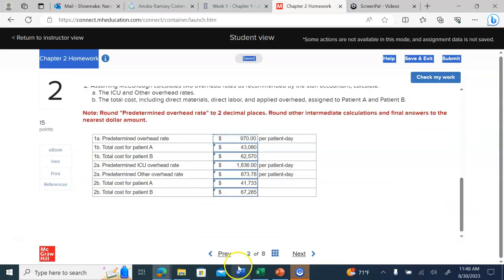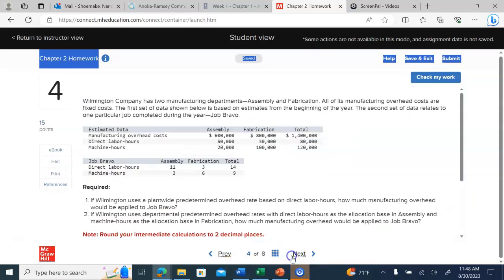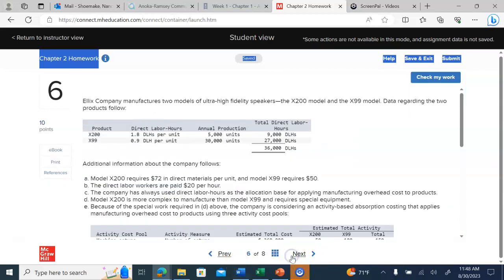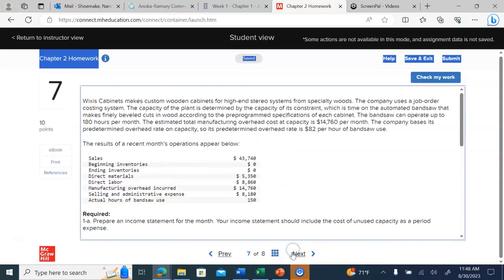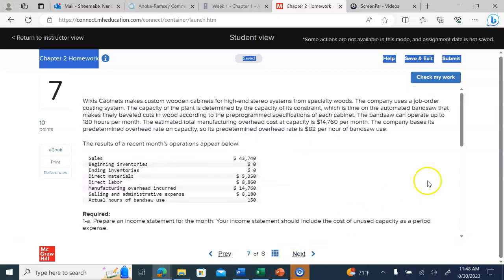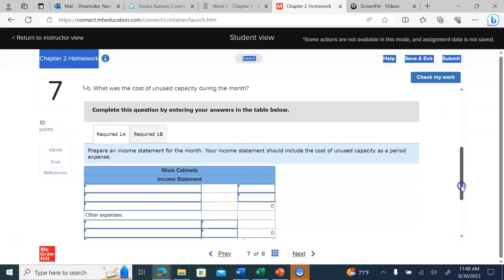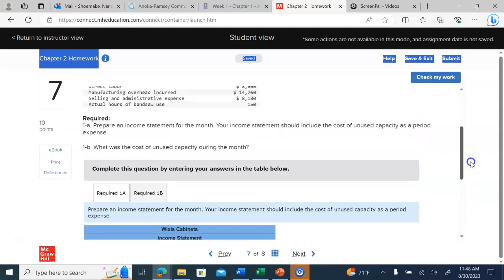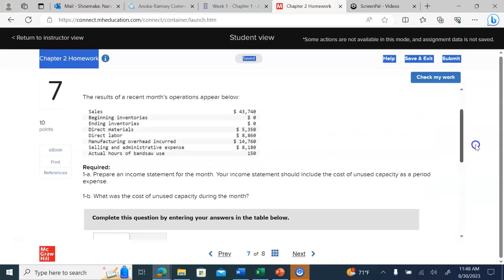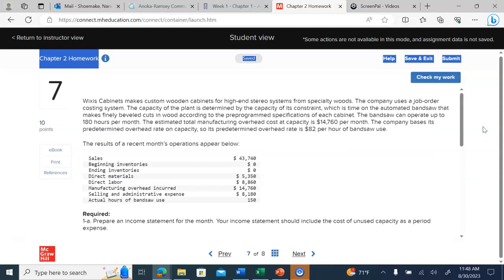Let me just see what else. We've done a couple of these. I think the one thing that we didn't do was an income statement, but I think you'll be able to get by with that. If you need help, what is the use of unused capacity during the month? Let me just, so it's predetermined.